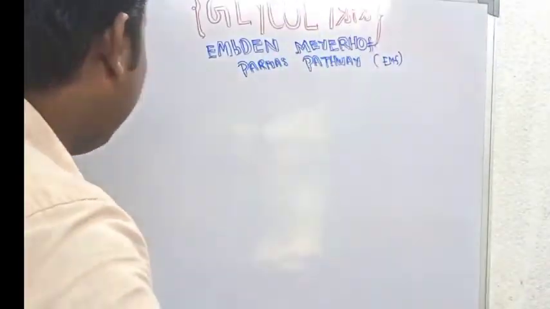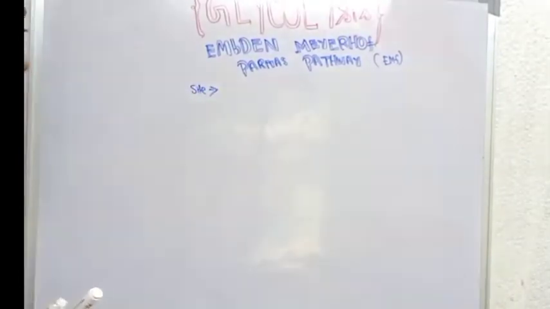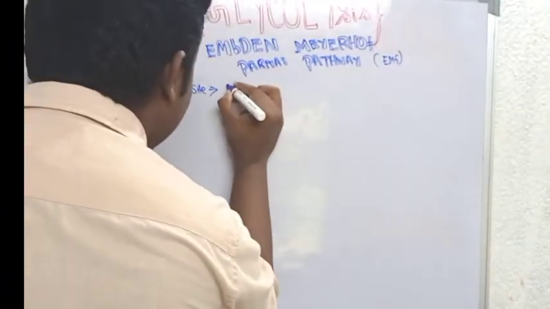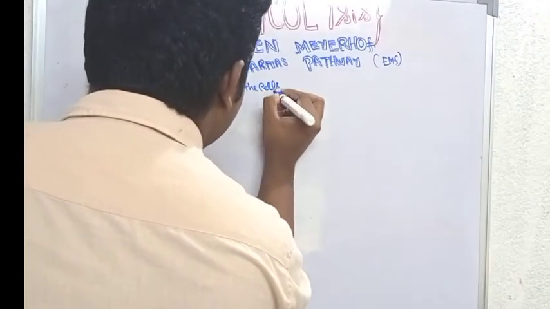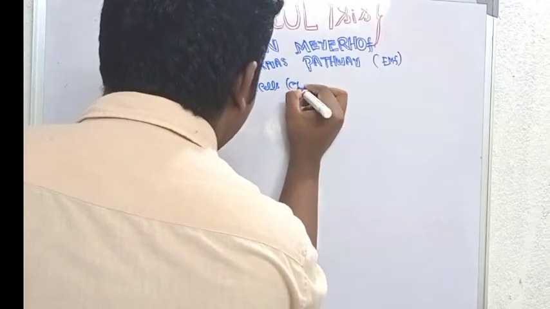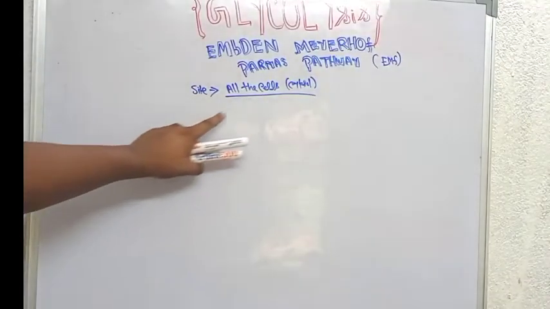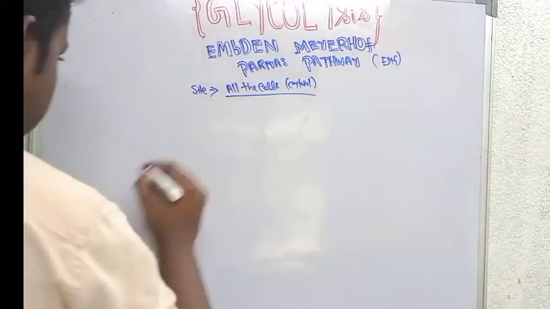The site of glycolysis: glycolysis takes place in all cells, inside the cytosol. Cytosol is the gel-like matrix of the cell's interior, and glycolytic enzymes are present in the cytosol.